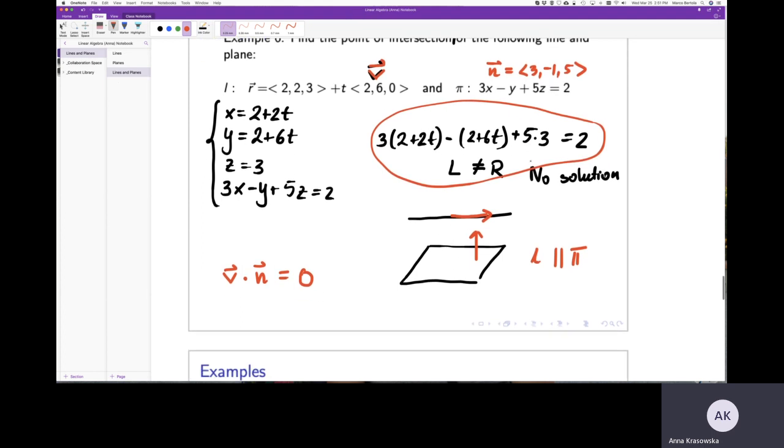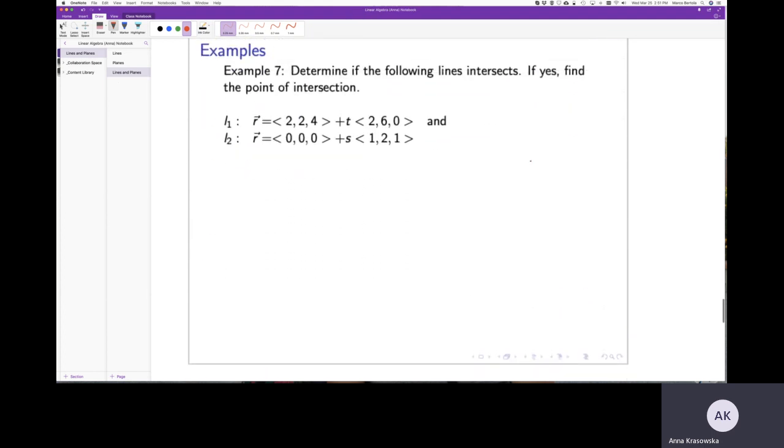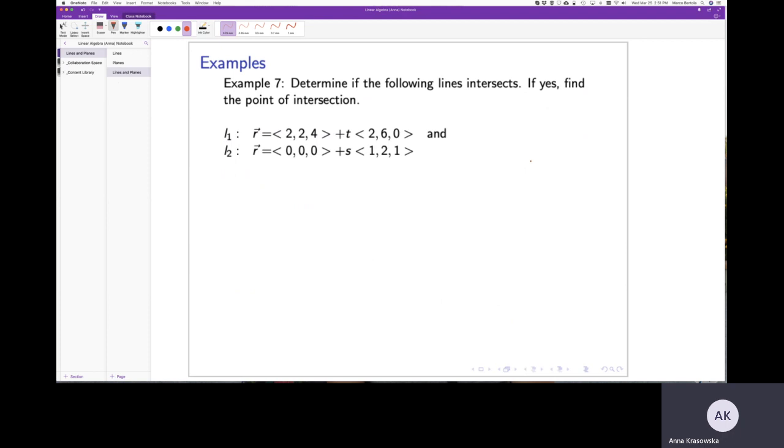Okay, let us move to the next. We will determine if the following lines intersect. If yes, find a point of intersection. So the two lines intersect. To find x, y, z, again, we have to write x, y, z that belongs to the first line. y is 2 plus 6t, z is equal to 4 plus 0t.